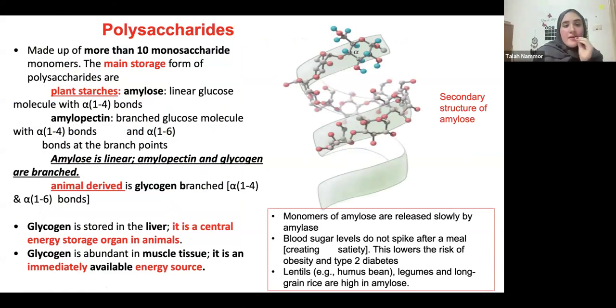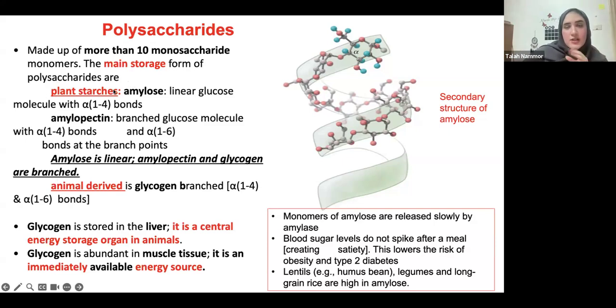What's important about polysaccharides is that they are the main storage form. Remember when I said our liver will absorb all of the glucose and make it into a form where we can store it. So we store polysaccharides, which is basically glycogen. The main storage forms of polysaccharides are either plant starches or animal derived.